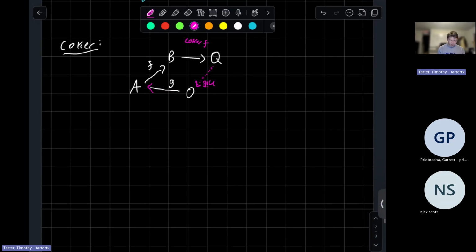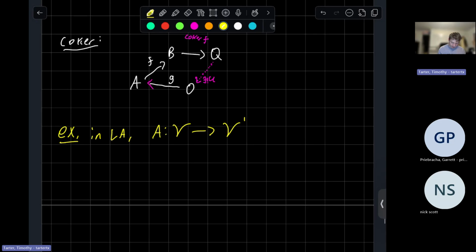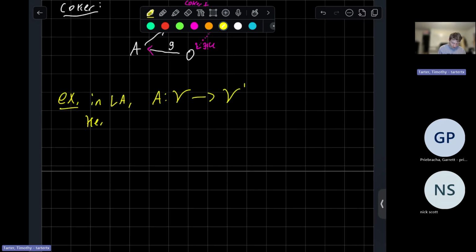Okay, I'm just going to phrase this in a linear algebra way. In linear algebra, if A is a linear transformation from V to V prime, then ker A is the set of vectors in V such that Av is equal to 0.